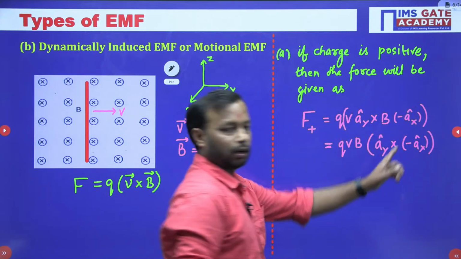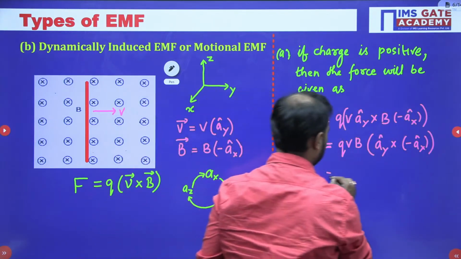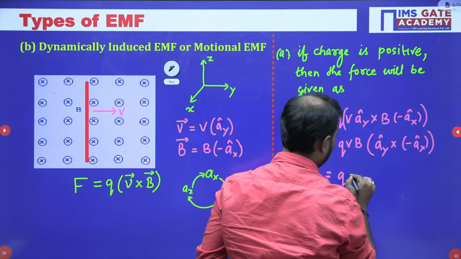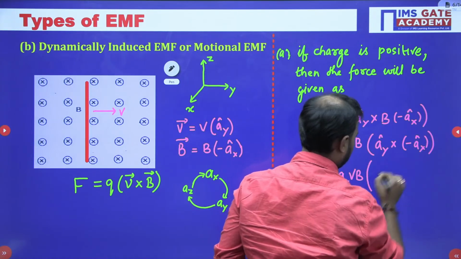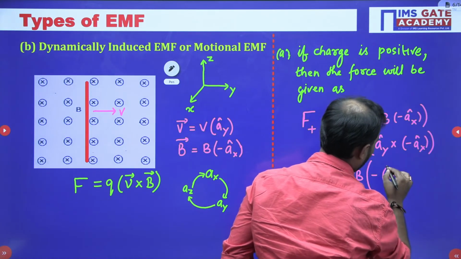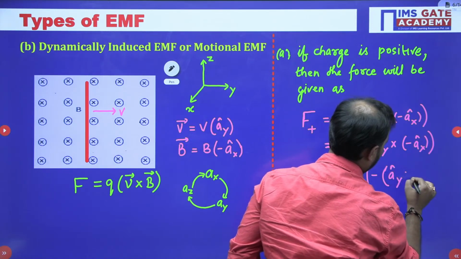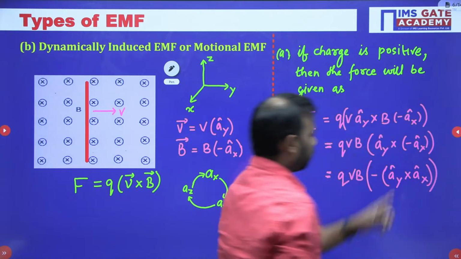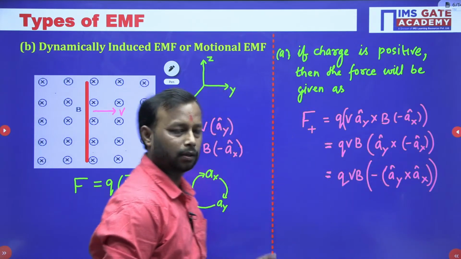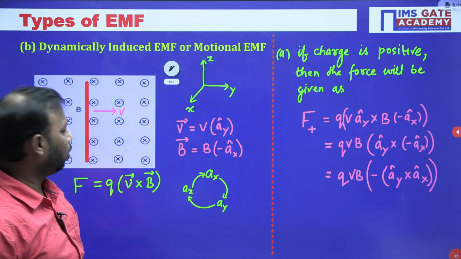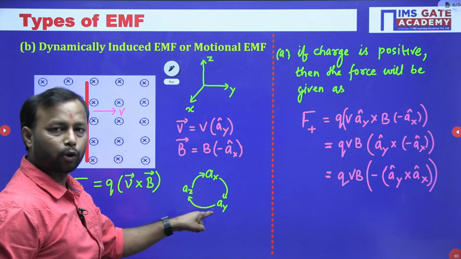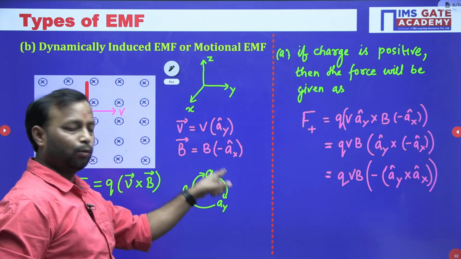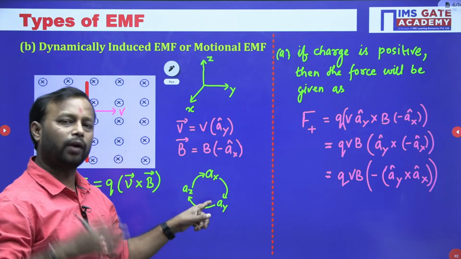Now I can write this like this: minus of ay cap cross ax cap. I have taken the negative sign outside. Now look here, ay cross ax, where does it go? From ay you have to go to ax, which means you are moving in the anti-clockwise direction, so negative will come.